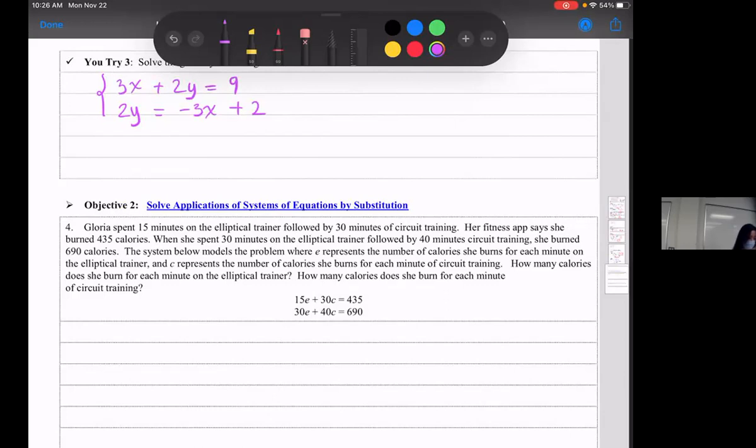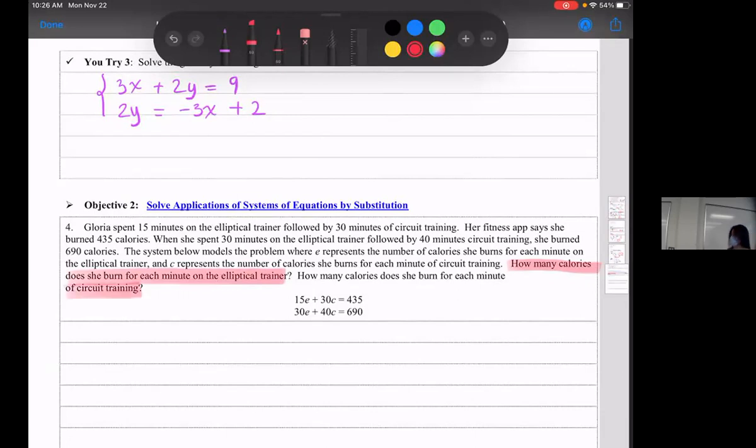The system below models the problem where E represents the number of calories she burned for each minute on the elliptical trainer, and C represents the number of calories she burned for each minute on the circuit training. Let me highlight what they're asking. How many calories does she burn for each minute on the elliptical trainer and for each minute on the circuit training?